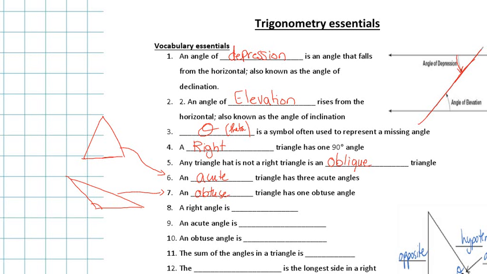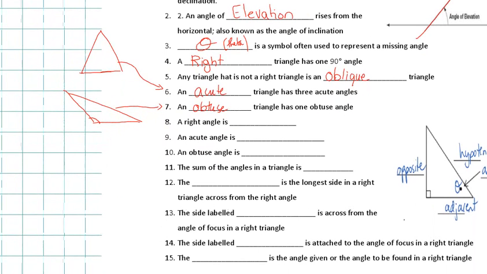We're going to define them right here. So right angle means it's equal to 90. Acute angle is, we said, less than 90.